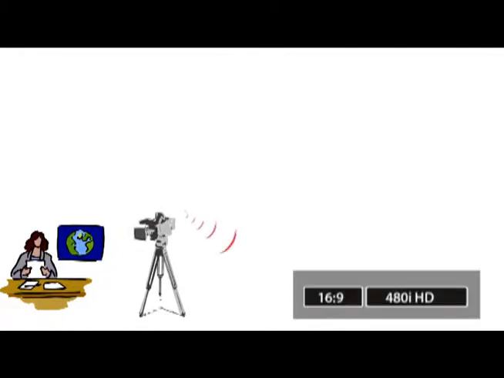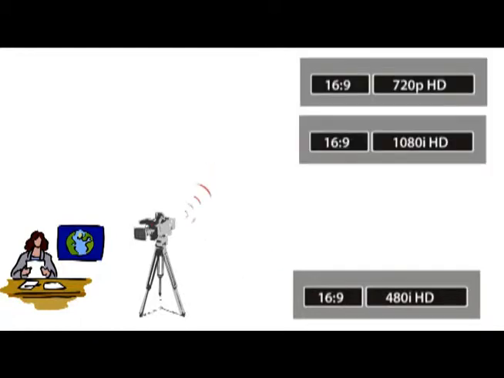For example, when watching the news, some broadcasts are created using standard definition cameras. This can either be kept in its original resolution of 480 or it can be upscaled by the broadcaster to a higher resolution of 720p or 1080. An image recorded and broadcasted in 1080 resolution and displayed on a TV with a 1080 native resolution will look great.